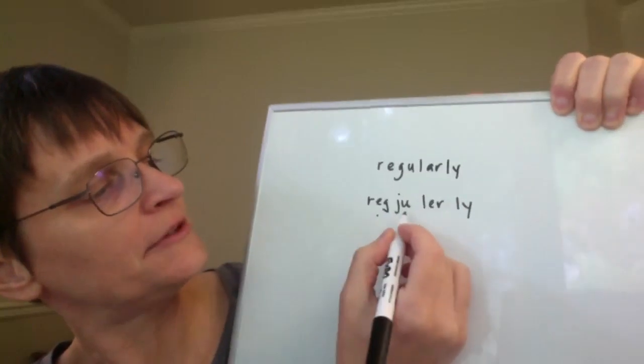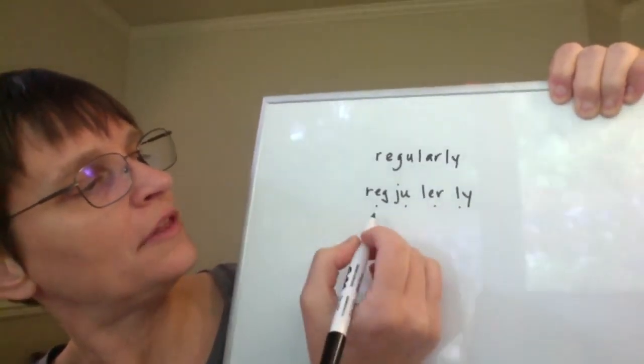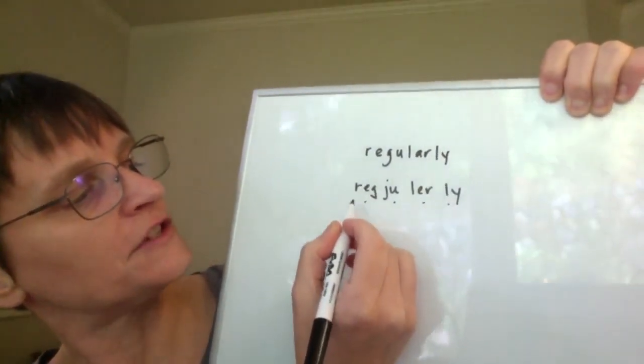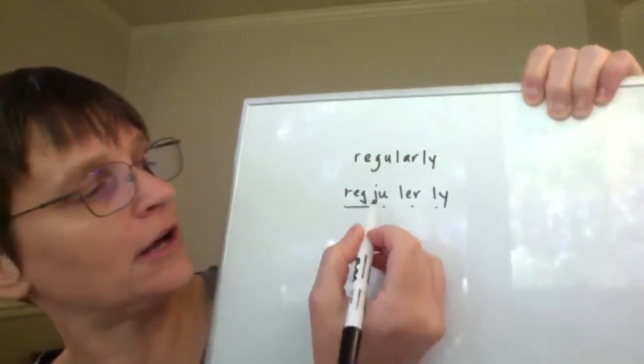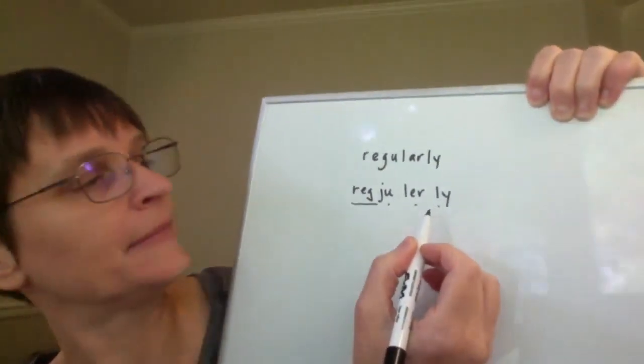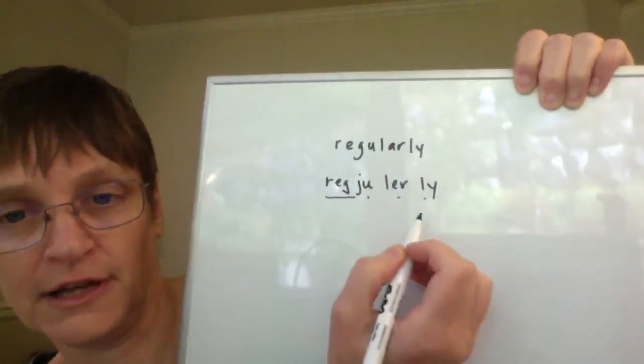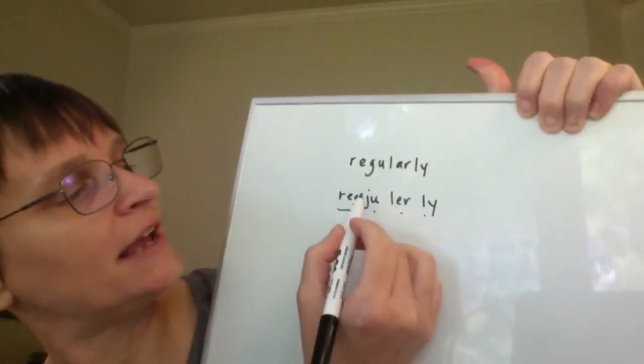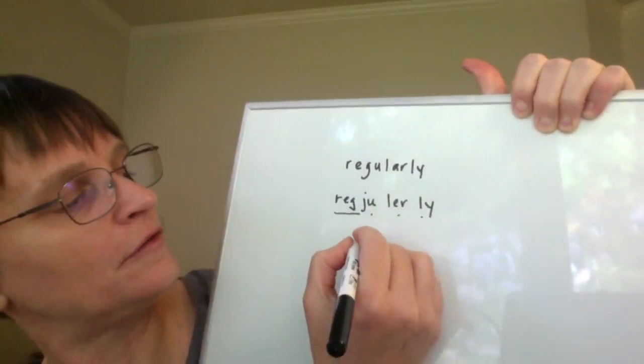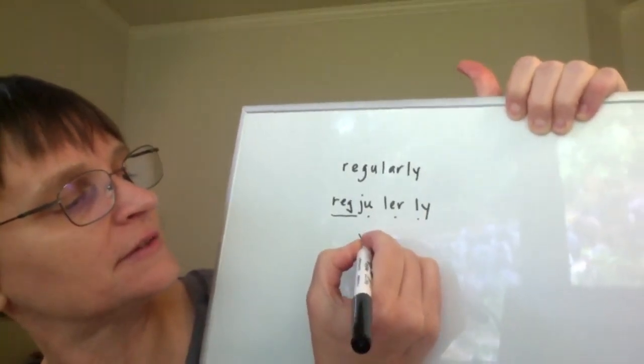Okay, so 4 syllables with the stress on the first syllable. So reg is long, regularly. And yularly are short. So this J, that's the symbol for something that sounds like this.